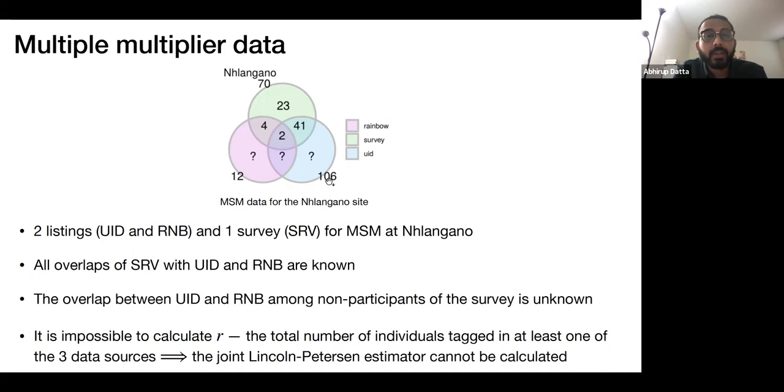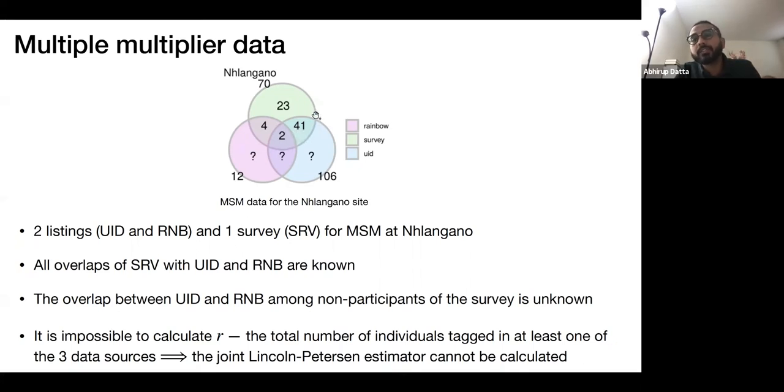unique objects. Of course, as we are asking them questions about each of these activities in the survey, within the survey we know the partition counts because we are asking about whether they attended the Rainbow Night, whether they received the unique object.